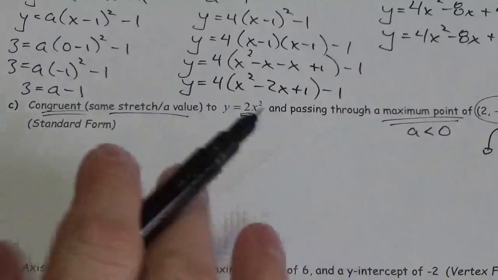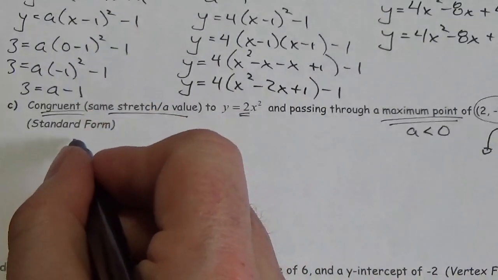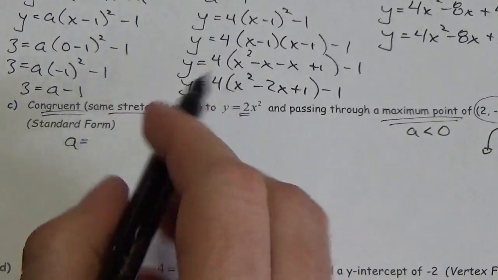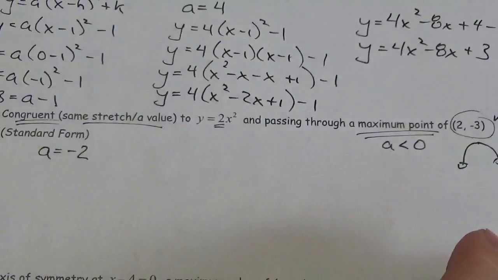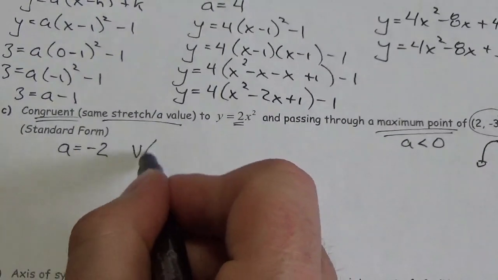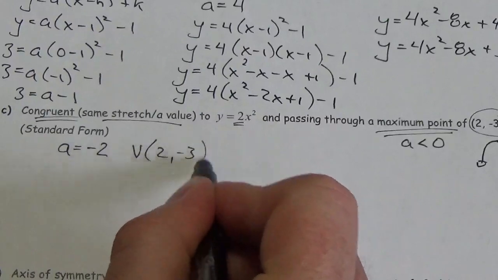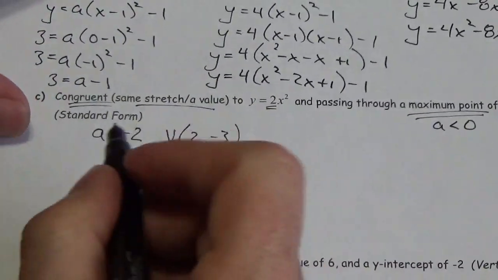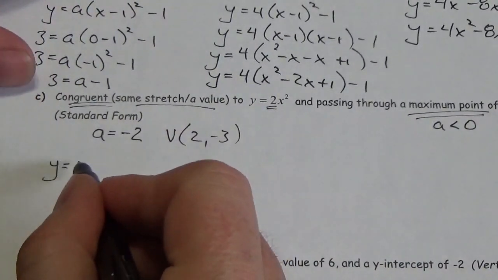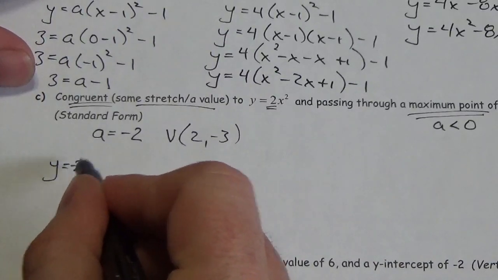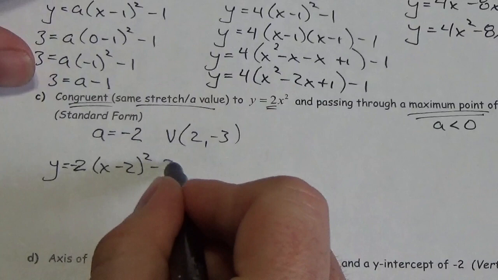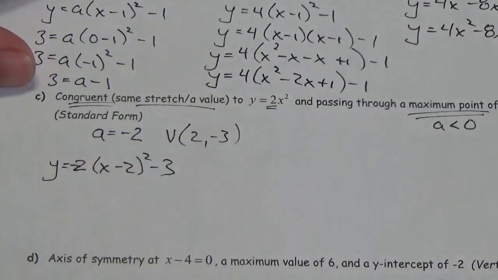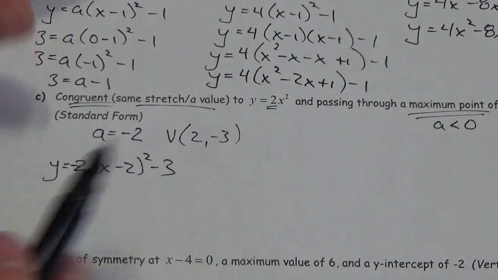So I know, just based on this, without even doing a whole bunch of work here, that my a value has to be 2, and because it's a maximum, it's got to be negative. And then I know that my vertex is the point 2, negative 3. Well, this is awesome. I can just write the equation. It's going to be y equals negative 2, x minus 2 squared minus 3. Hopefully you can see the negative 2 there. That's it. Done.